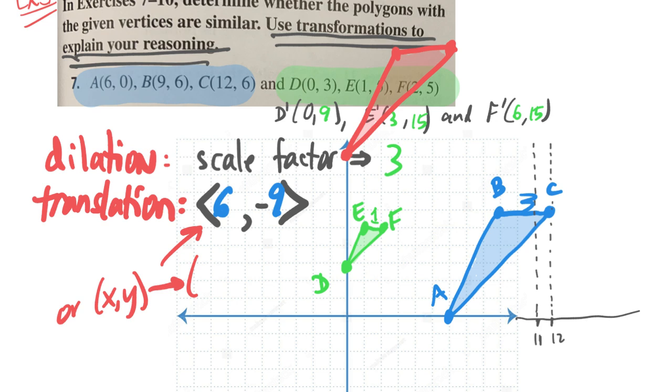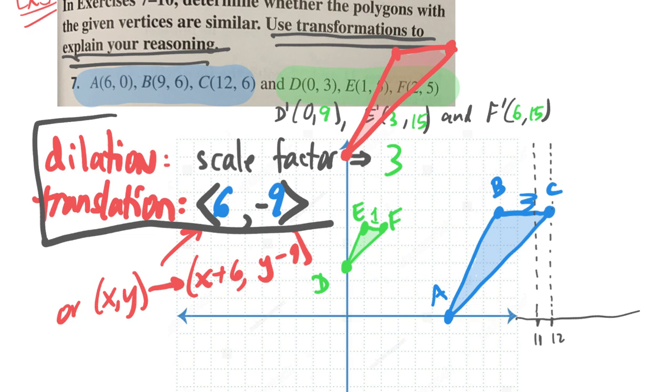Every point will be mapped onto a point that's 6 to the right of itself and 9 below itself. So there you have it, a dilation and a translation. Dilation is a scale factor of 3.